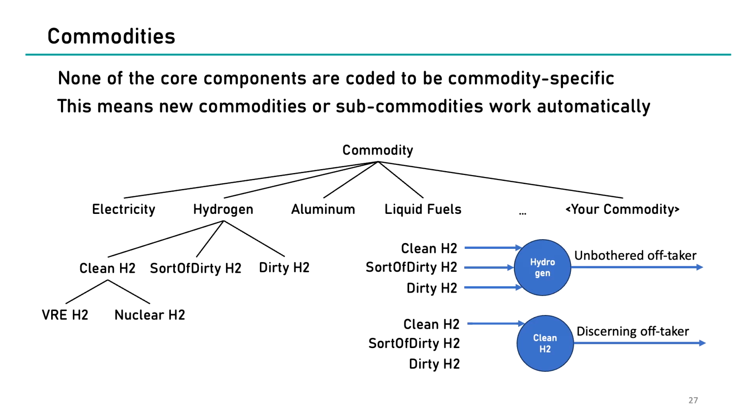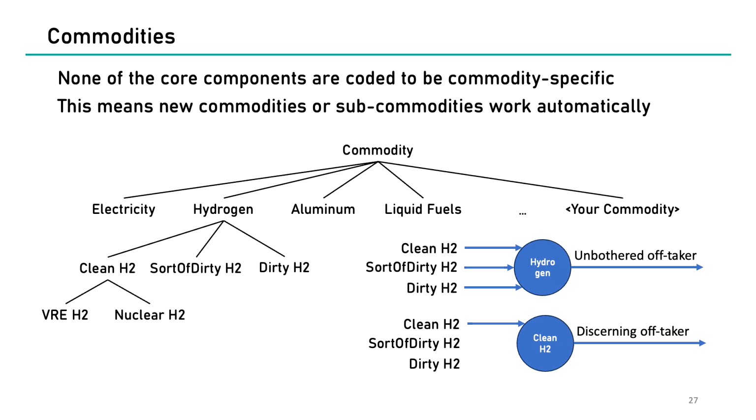I think one of the most powerful things built into Macro right now is the commodity system. So it starts where we have encoded a bunch of commodities which we think are useful for many systems, but you can very easily add your own. And importantly, you can also add sub-commodities and create this whole tree of different commodities. The way to think about these is, let's say we had a node that was taking in several supplies of hydrogen and giving them off to an off-taker.